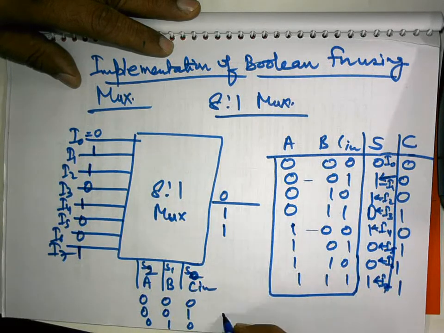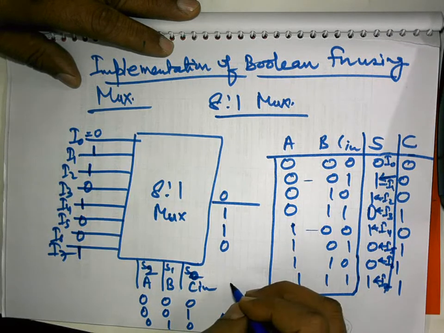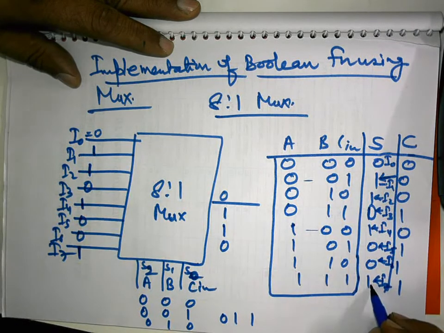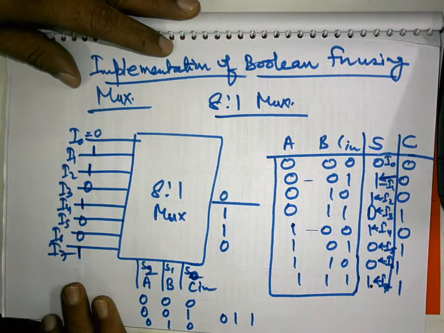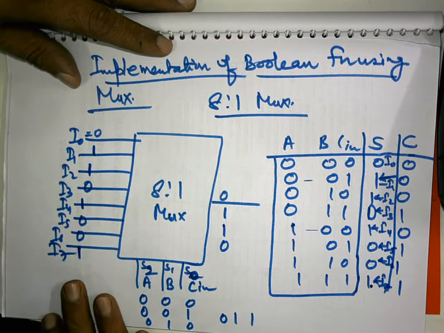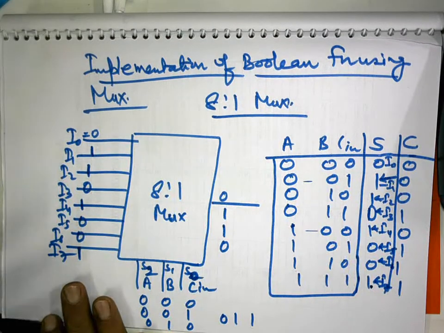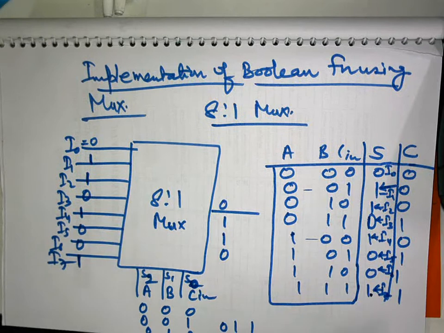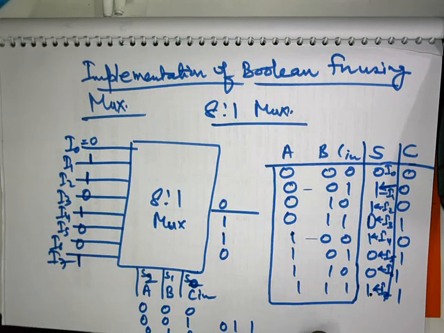If I put 0 1 1, what comes at the output? 0. So you are seeing that this output pattern of full adder is appearing at the output simply by doing this kind of connection. So it is very easy to realize any Boolean expression using multiplexers. Okay.